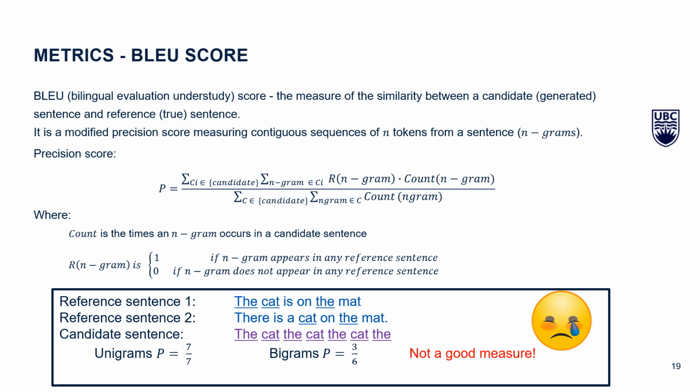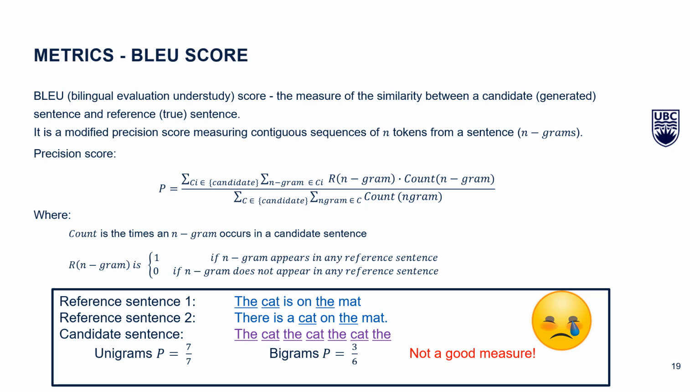The next metric we're going to look at is the BLEU score. This is the measure of the similarity between a generated sentence and a true sentence. The BLEU score, which stands for Bilingual Evaluation Understudy, uses a modified precision metric to measure similarity. Like a traditional precision score, it measures how many of the same words appear in a generated candidate sentence and the true reference sentences.